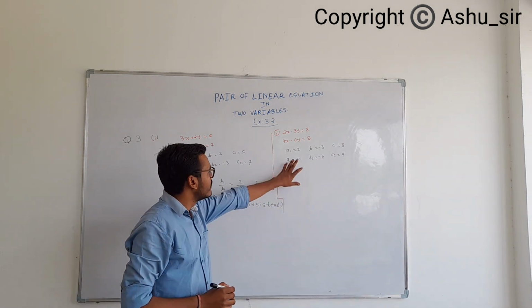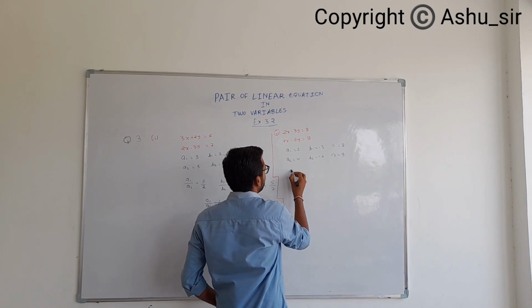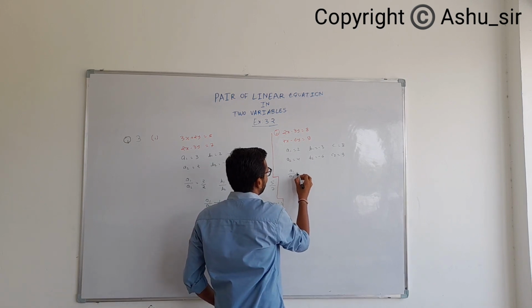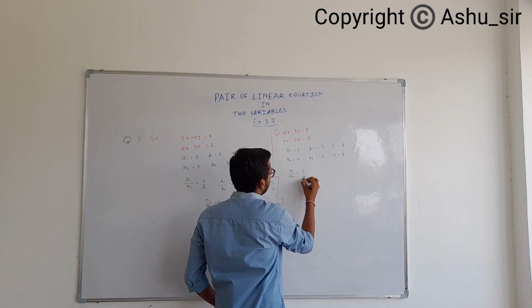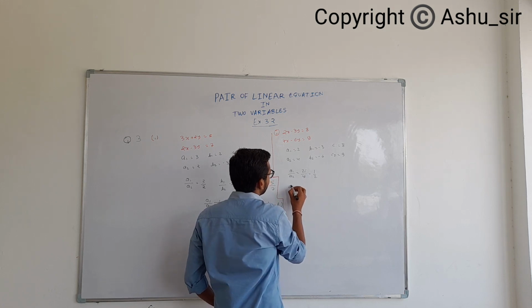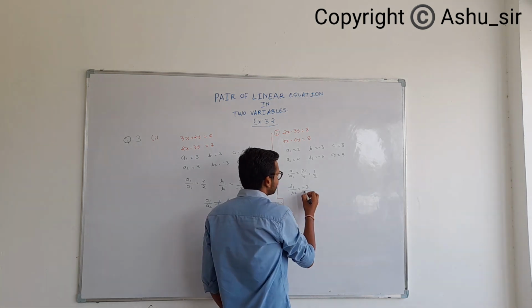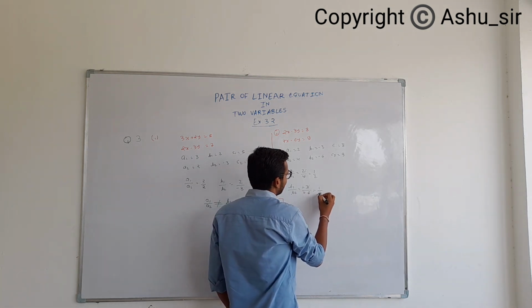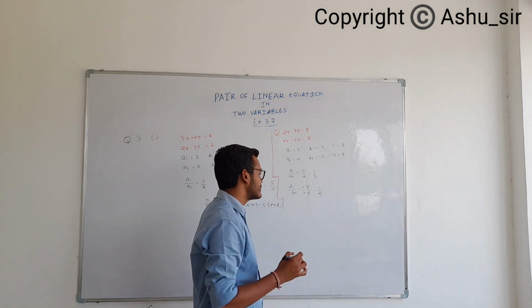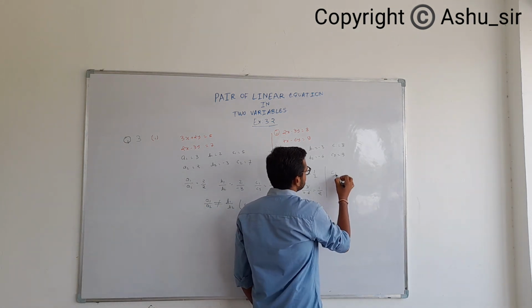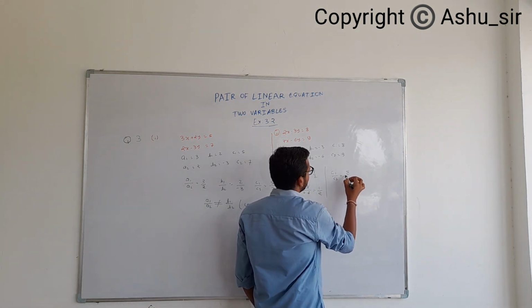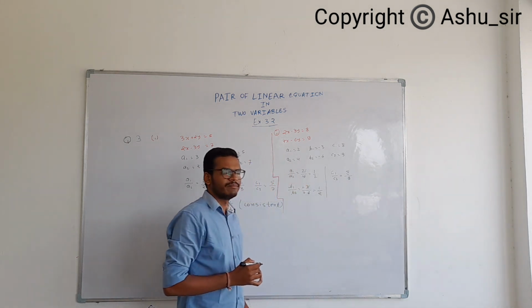Now let's compare. So a1 upon a2 will be equal to 2 upon 4, that is 1 upon 2. b1 upon b2 is minus 3 upon minus 6, minus plus, this is 1 upon 2, right? And c1 upon c2 is 8 upon 9. Clear?